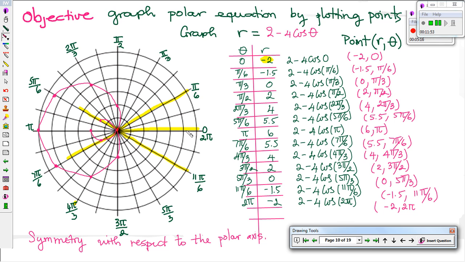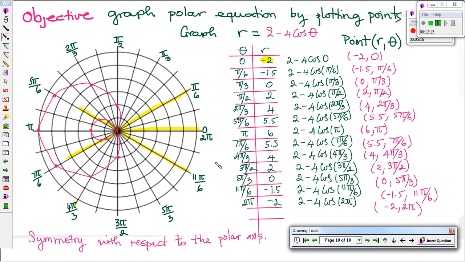So again, this is the 2 pi terminal side, but since the direct distance from the pole is negative, then you have to look for the opposite direction to look at pi, and then you want it to be negative 2. So this is the point. So that's it. We complete the graph.